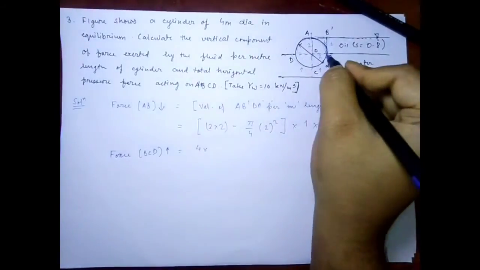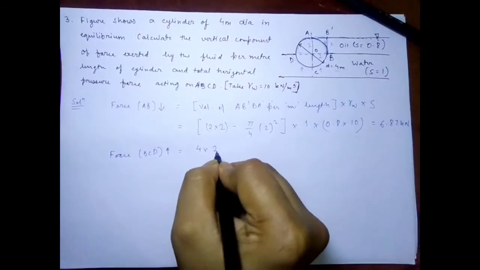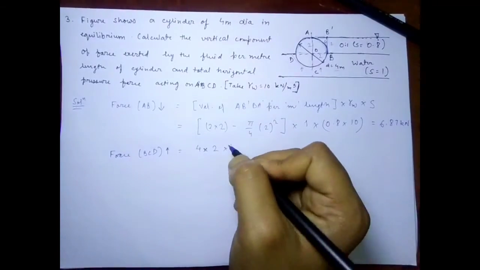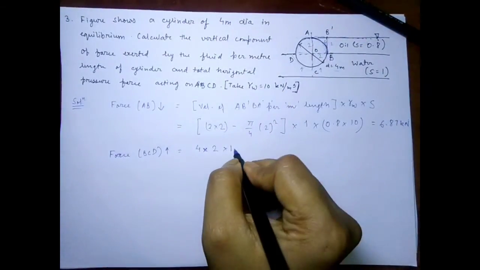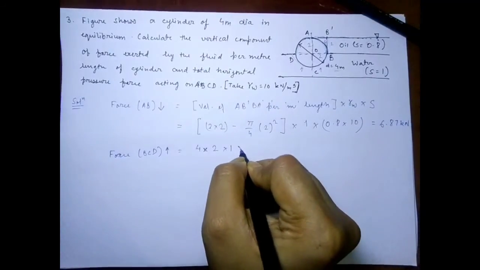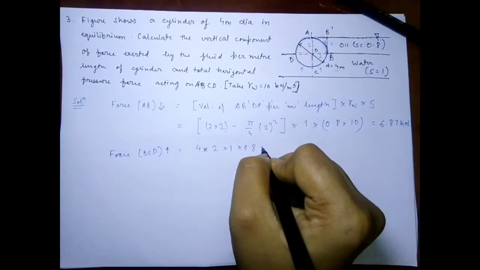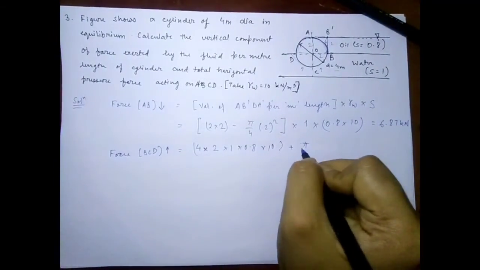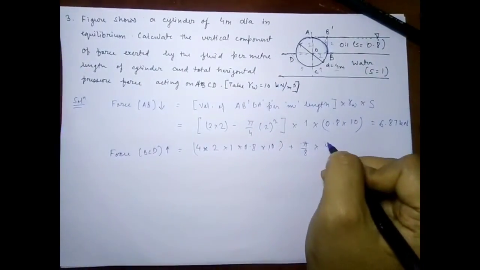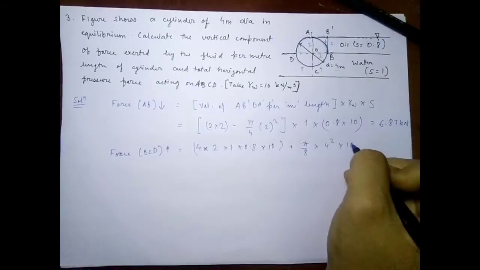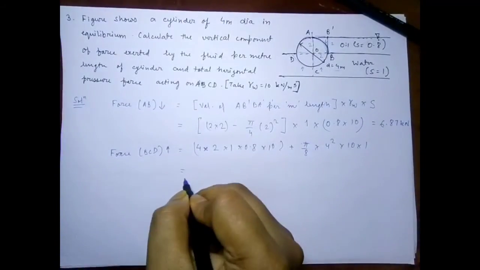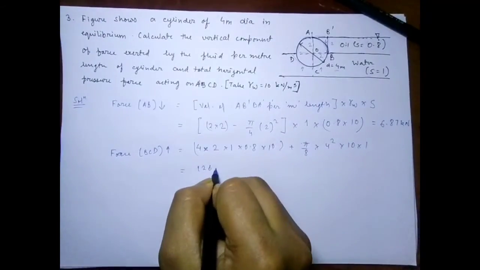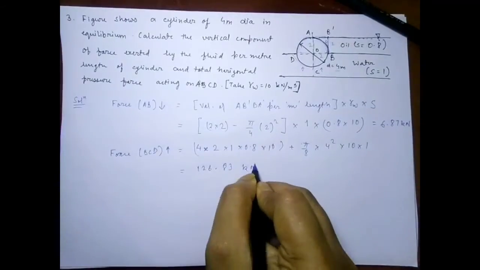Similarly, the force on BCD, which will be upward, will be equal to 4 times 2 into 1, because it is per meter length, times 0.8 times 10, plus pi by 8 times 4 square times 10 times 1, and this is equal to 126.83 kilonewtons.